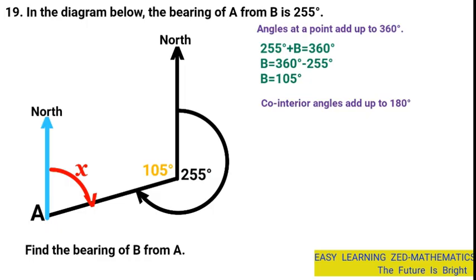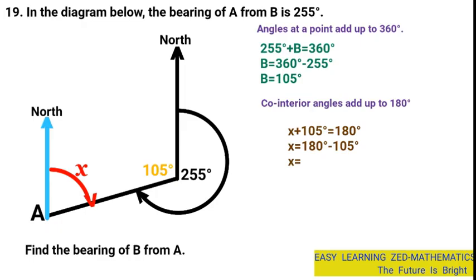Next we're going to put like terms together. That means we're going to make X the subject of the formula. So X is equal to 180 minus 105 degrees. Now we find the difference of 180 degrees and 105 degrees, which is 75 degrees.